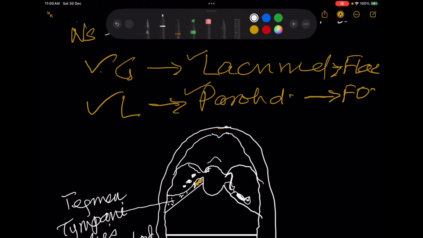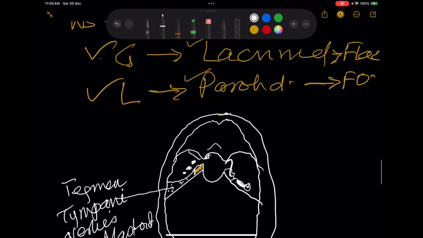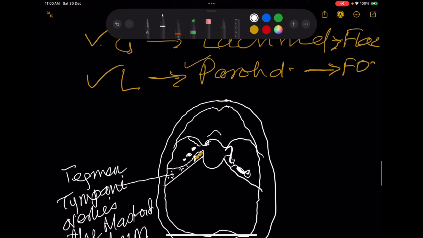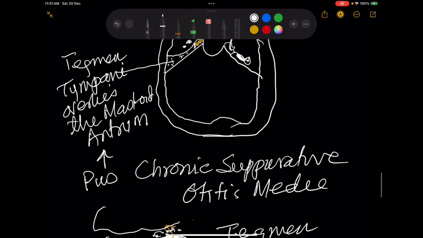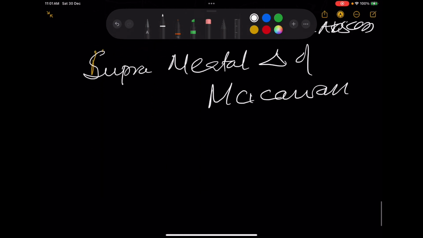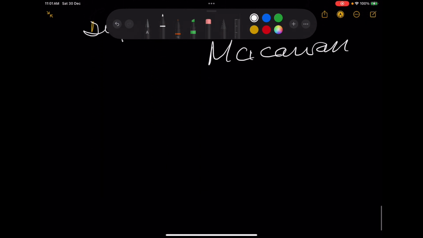So petrous osteomyelitis can lead to this problem of the carotid canal being directly in contact with the temporal area where the temporal lobe is. So this finishes off the middle cranial fossa, and now we'll deal with the posterior cranial fossa.